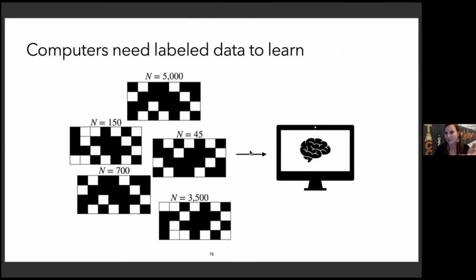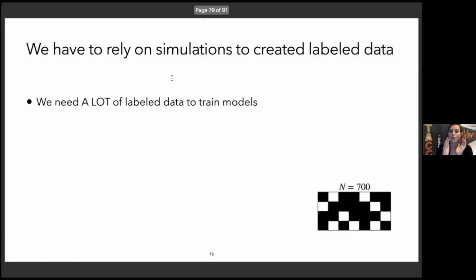That's exactly what I'm referring to here, where we have these alignments with the information about the diversity in the population, and then a label of the true answer in that population. And to do this, we need a lot of examples. For my work, I normally use at least 60,000 simulations to train one model.